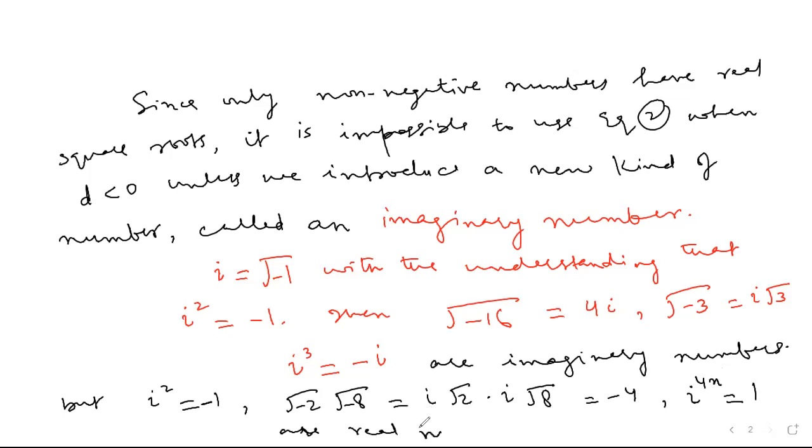I repeat, numbers like square root of minus 16, square root of minus 3, or iota cube are imaginary numbers, but such numbers as these are real numbers, right?